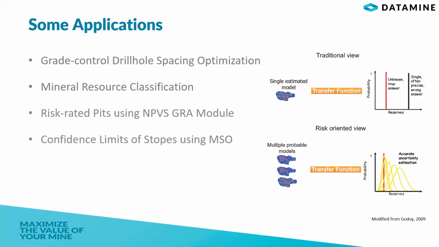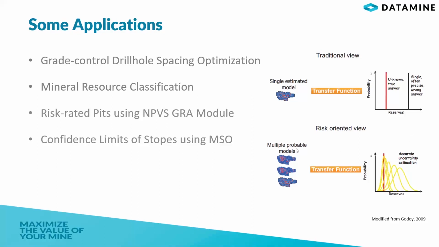But the idea, I try to summarize this idea on this chart, is basically you have a single estimated model, you have an output, a true value for the output, you don't know that, and with your estimated value, you are going to get a result that could be close or not to the true value.